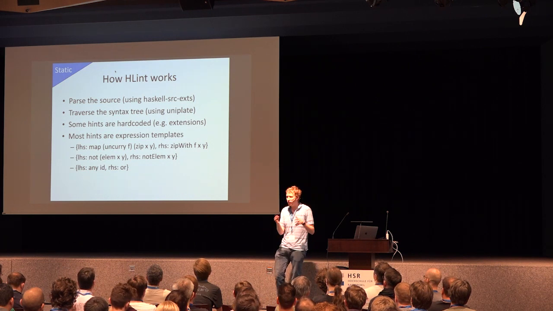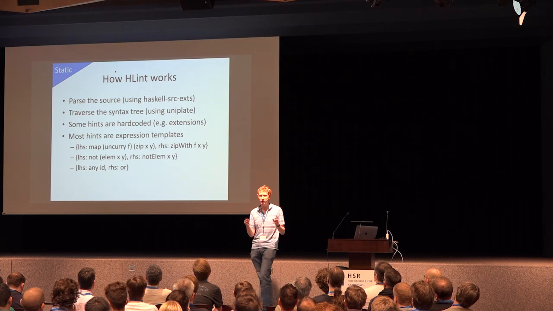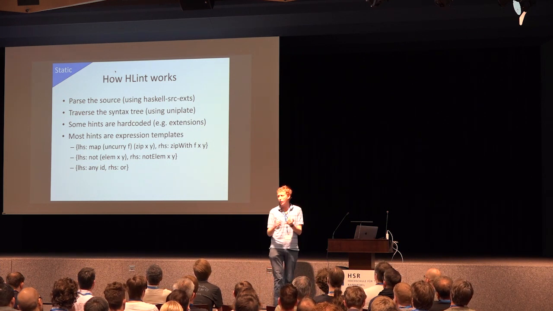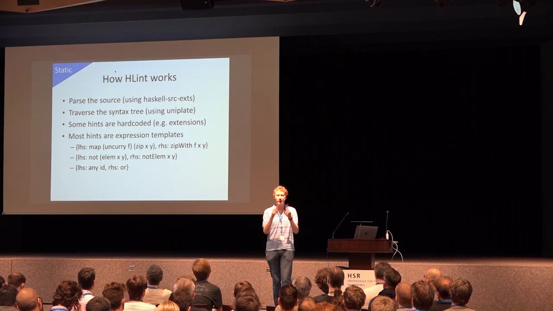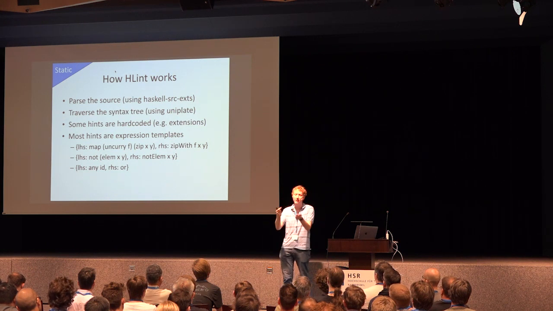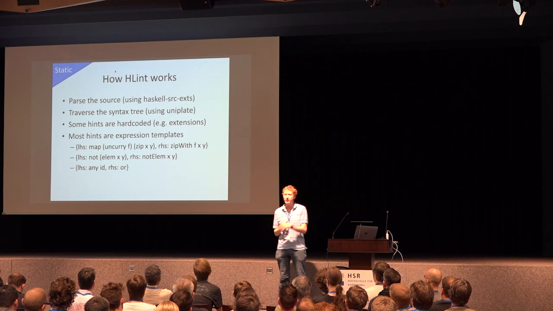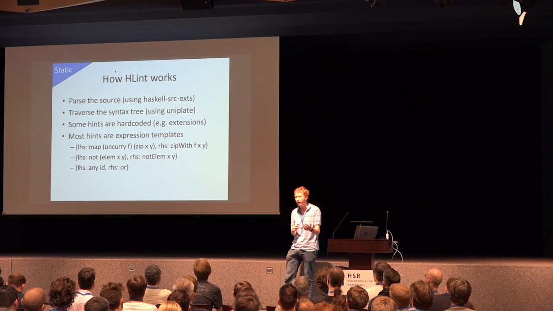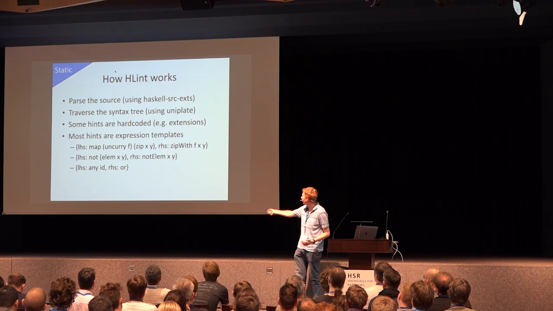And then some of the hints, like redundant extensions, are hard-coded in a file. So if an extension is there twice, snip it out. If you haven't used the LambdaCase syntactic construct in an expression, then you don't need the LambdaCase extension. But most of the hints, so things like concatMap, like foldl1 (&&) is and, are just encoded as little blocks of YAML.